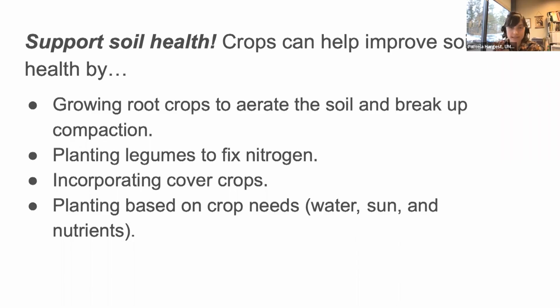Planting legumes to fix nitrogen. So some of us already plant beans and peas. That's a great way to further increase the amount of nitrogen available in your soil. A lot of times you need to leave those roots in place to really have the full effect on your garden. So maybe do a little research there before going in that direction.